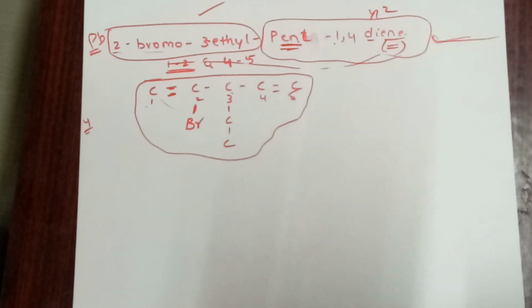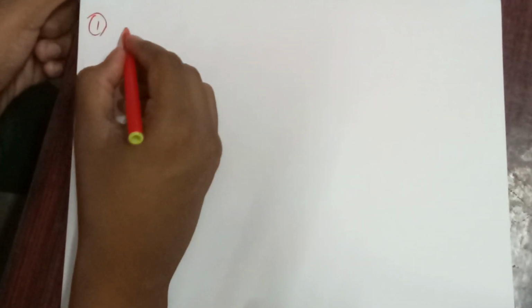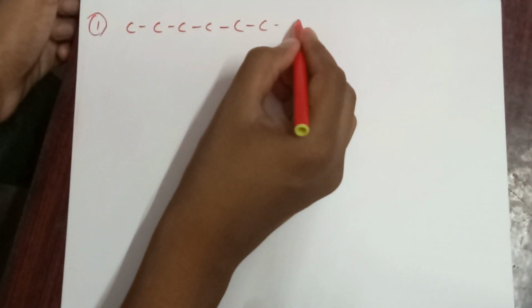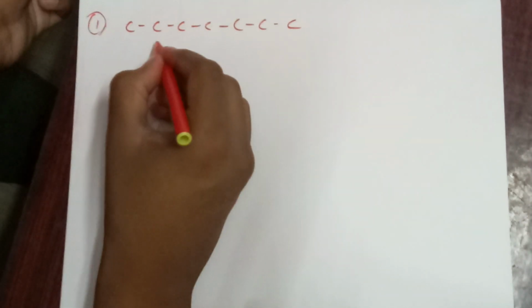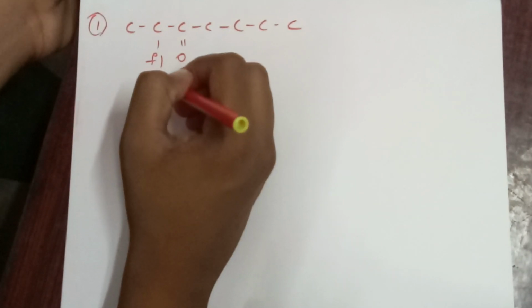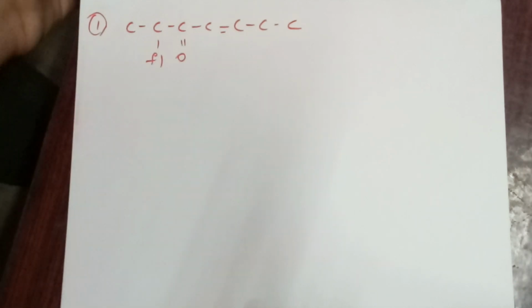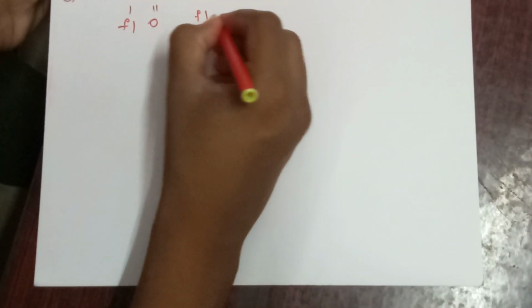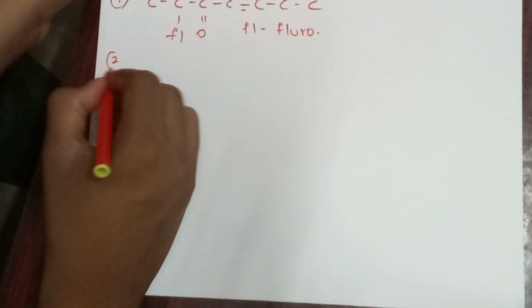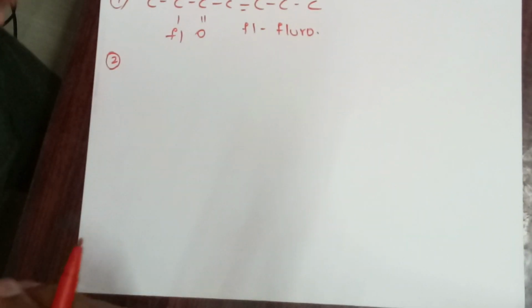Now let me give you some sums. Okay, the first one that I give you is C, 5, 6 and 7, fluorine, double bonded with O, and here you have a double bond. And the fluorine prefix is fluoro, as I have informed you.